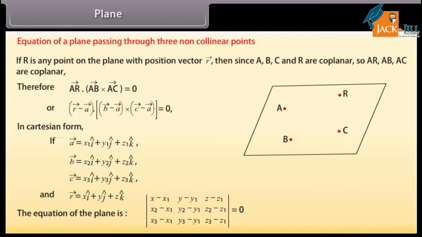First row: x minus x1, y minus y1, z minus z1. Second row: x2 minus x1, y2 minus y1, z2 minus z1. Third row: x3 minus x1, y3 minus y1, z3 minus z1 equals 0.